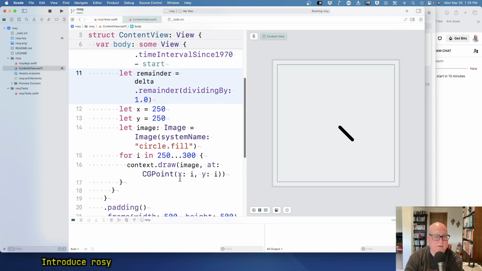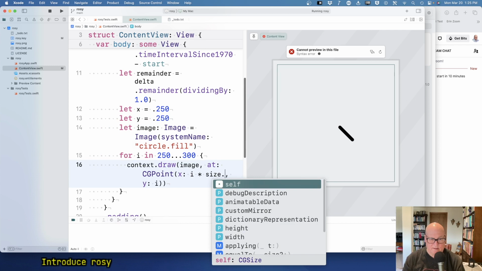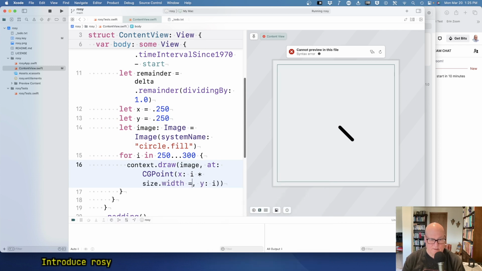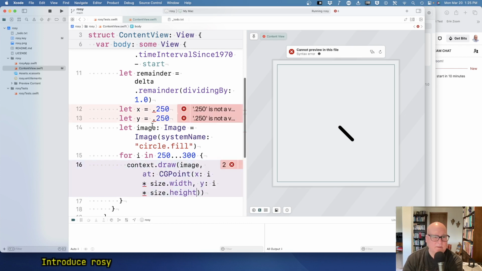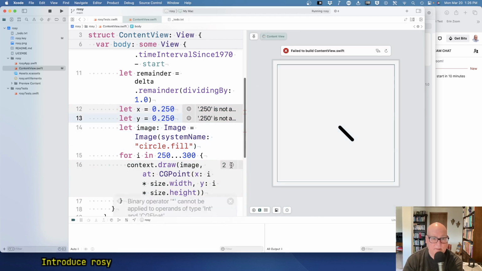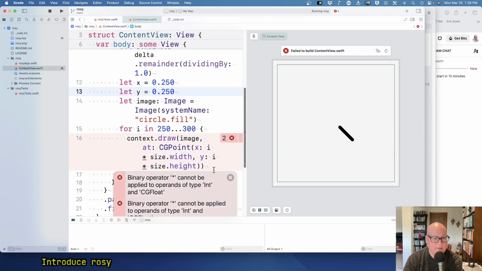Now let's make this a fraction. And let's take size dot x is width, and see if we can trigger this. No. Int.